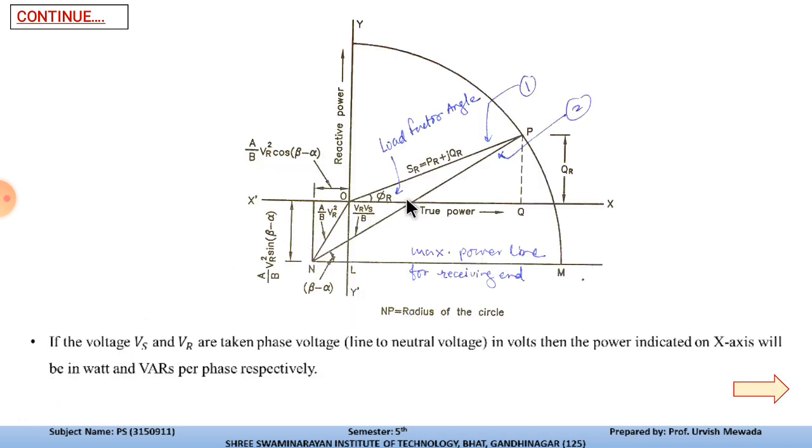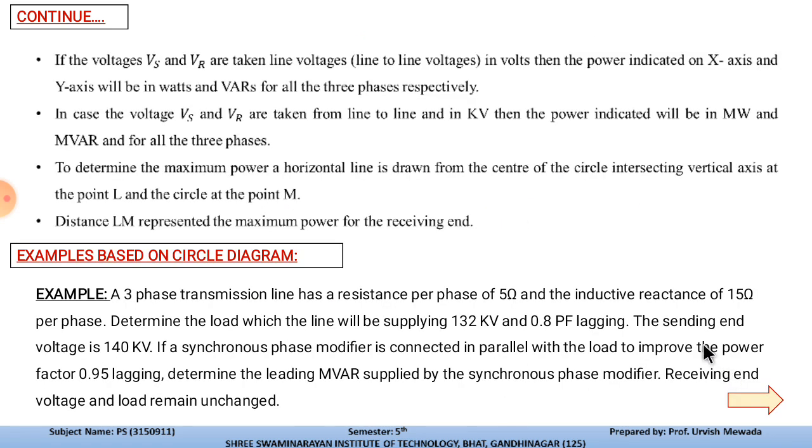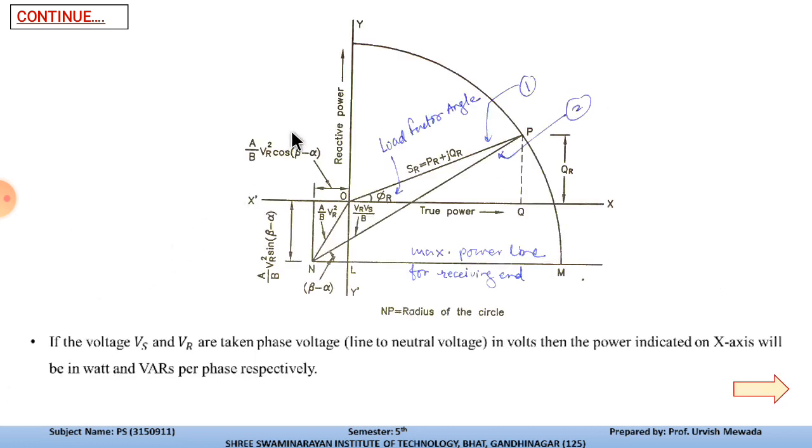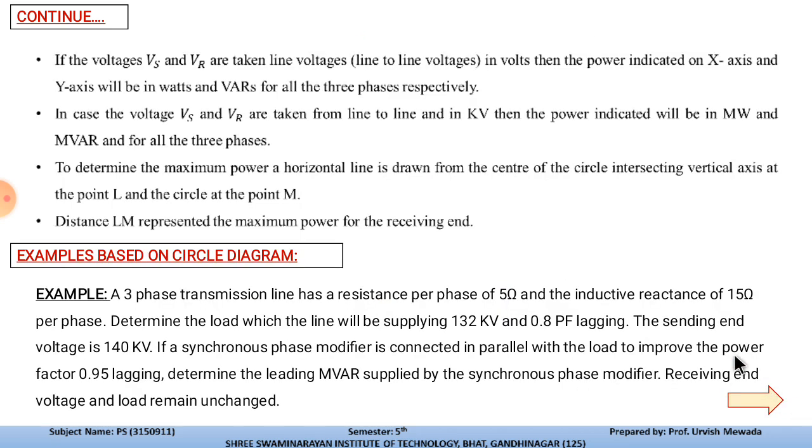Over here in the diagram you can see the horizontal line drawn from the center of the circle, intersecting the vertical axis at the point L. This is the center from which we are drawing this line, and it intersects the arc of the circle diagram at M. The distance LM represents the maximum power for the receiving end.